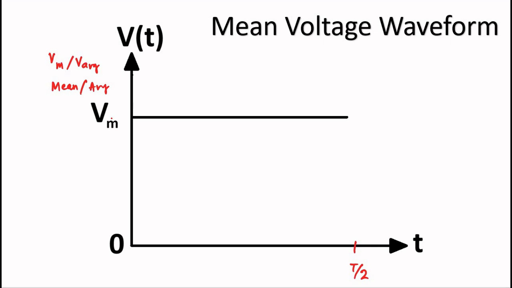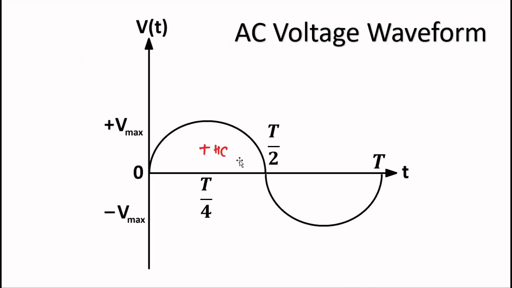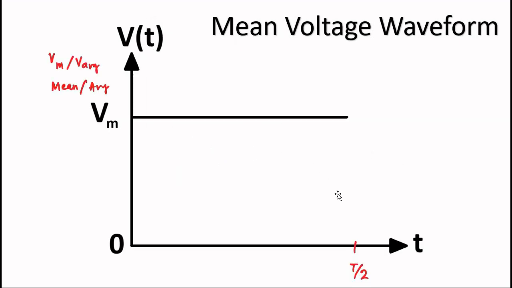Time period was the same, T by 2. So the positive half cycle of this alternating voltage is the same as this DC voltage, which is equal to 2 by pi V max, or 0.637 V max.